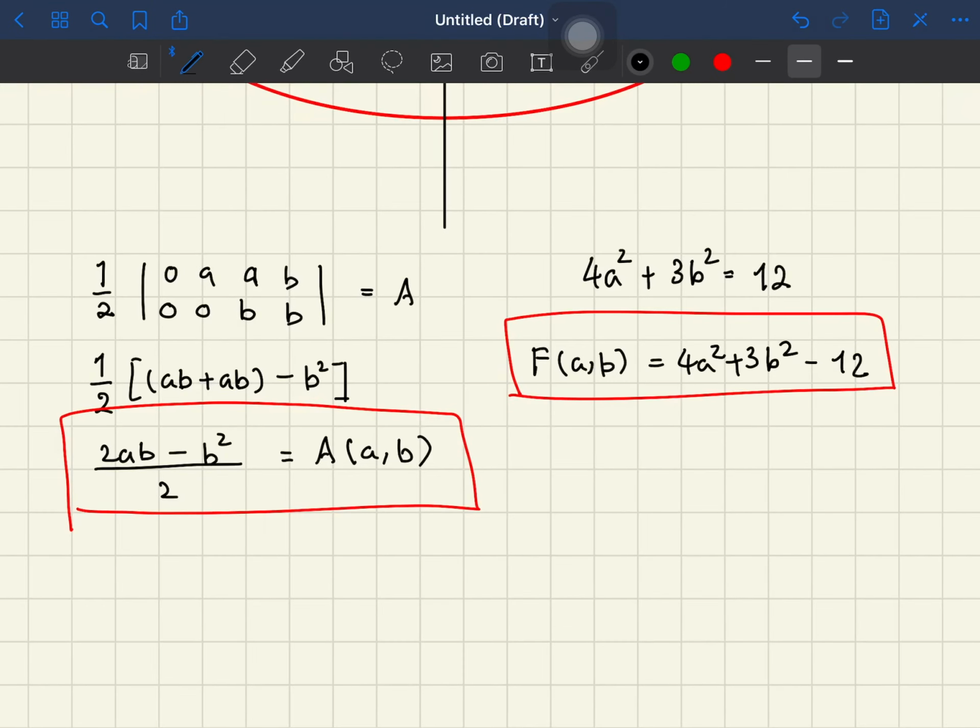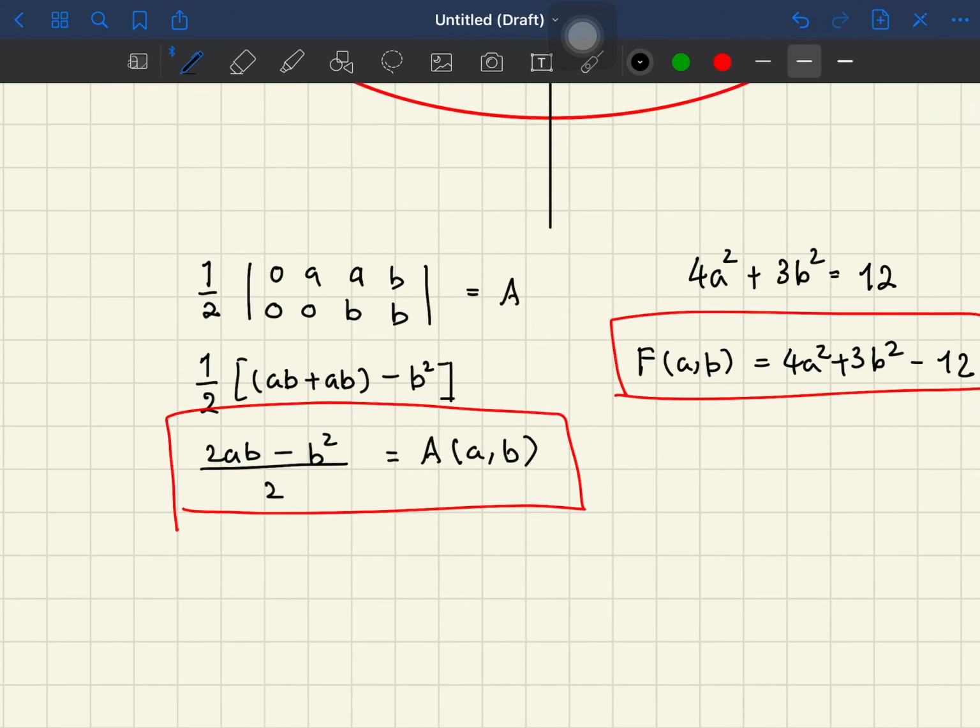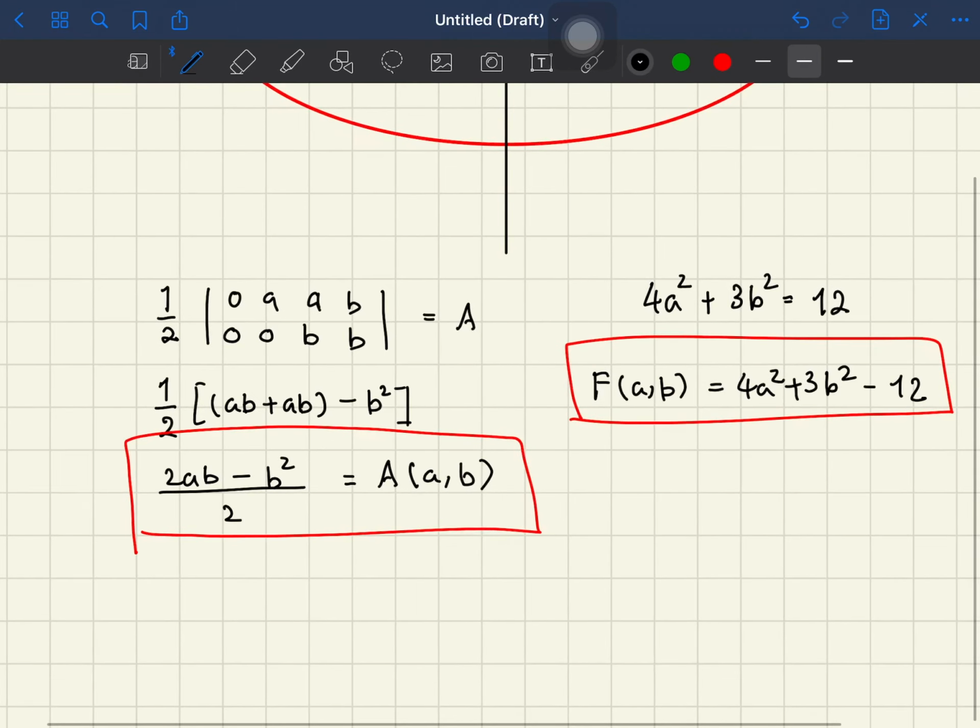So we need to use the Lagrange multiplier theorem, and first and foremost, we have to differentiate with respect to a. So let's say lambda on f.